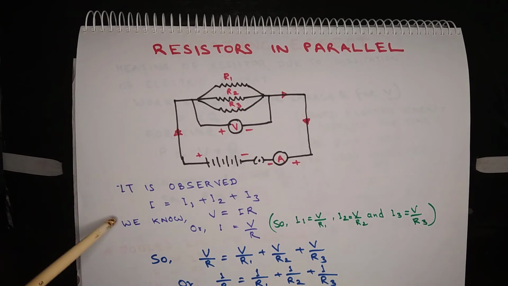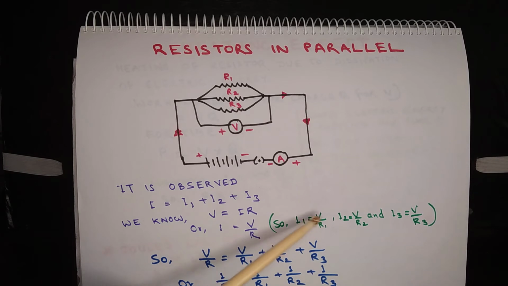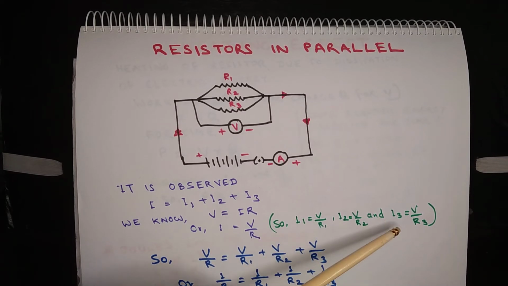From Ohm's law, we know that V is equal to IR, or I is equal to V upon R. So we can say that I1 is equal to V upon R1, I2 is equal to V upon R2, and I3 is equal to V upon R3.